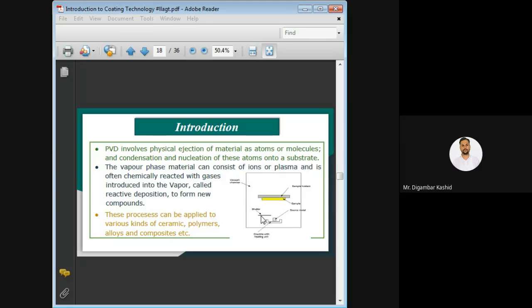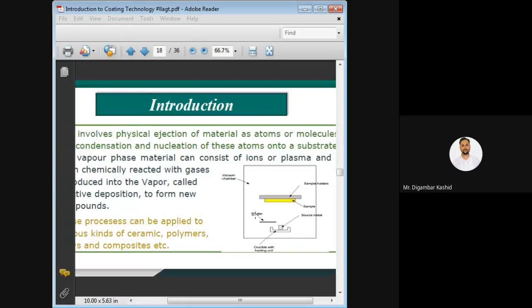Now again, if you see here, there is a line. From this line we can understand that we have a certain kind of base, a certain kind of material, which we agitate by maybe some laser, or some electron beam, or some current, or some thermal energy, and that is releasing some kind of atoms, or molecules, or plasma metals.